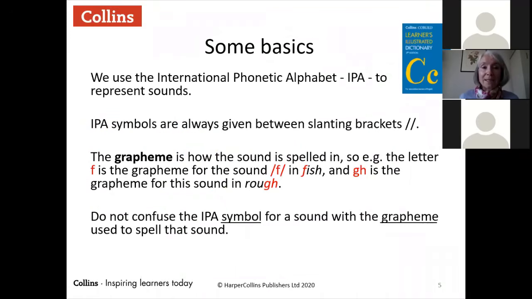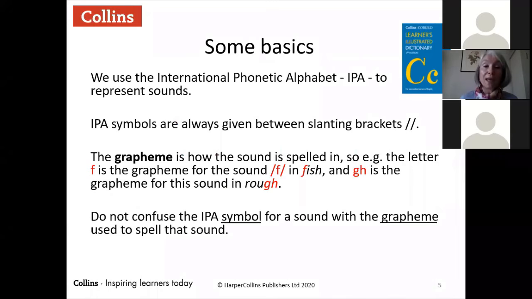Just some basics. We use the International Phonetic Alphabet to represent sounds, and IPA symbols are always given between slanting brackets. I'm going to be using some of these symbols in this presentation this afternoon, but I will explain them as I go.